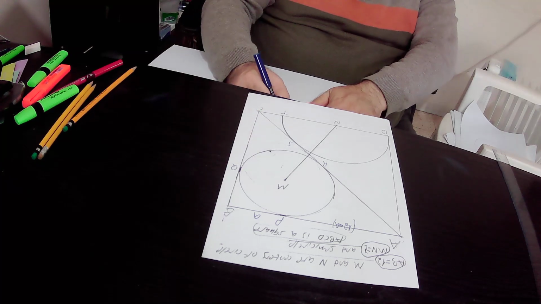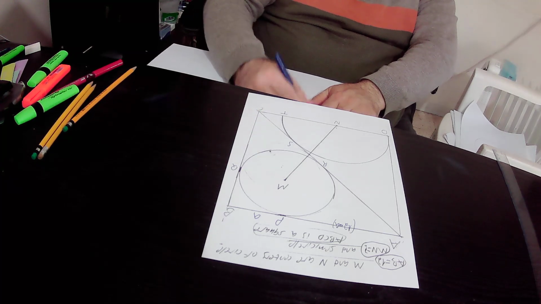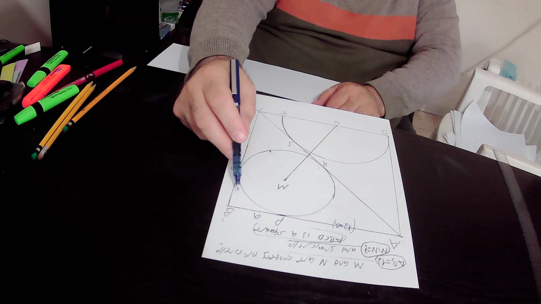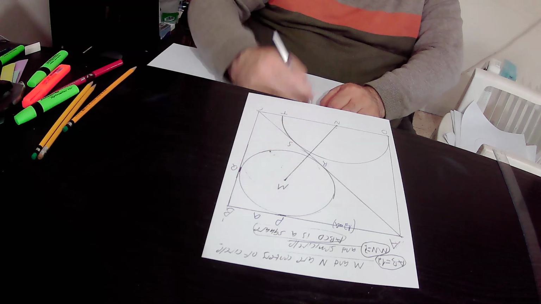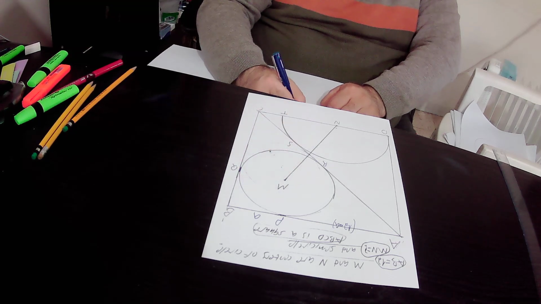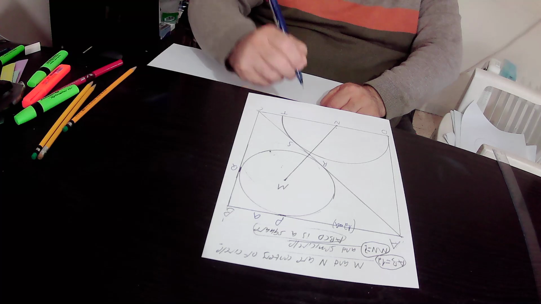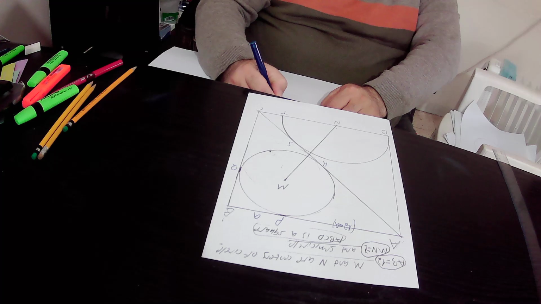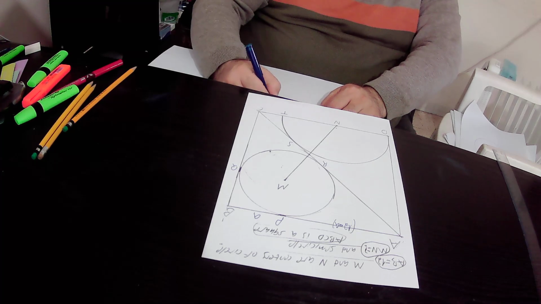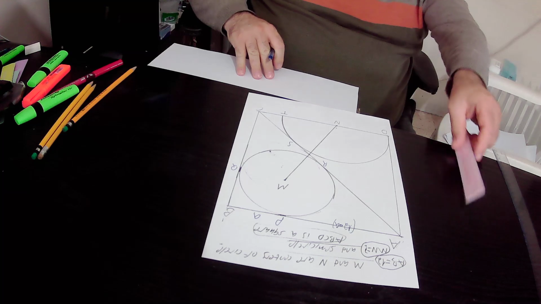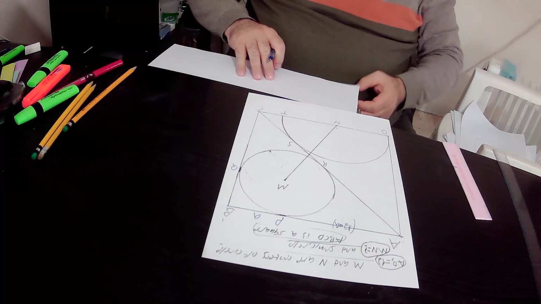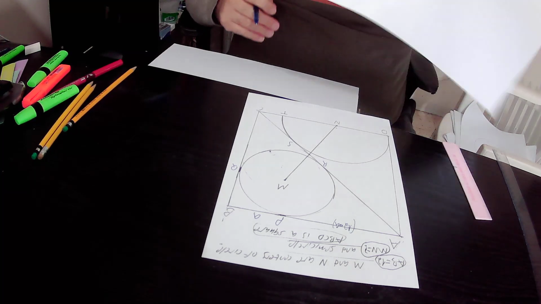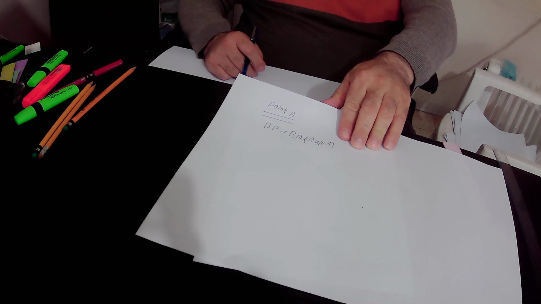And from the external point B, we have two tangents to this circle. The first tangent is BP, and the second tangent from point B is BQ. And according to rule number one, BP is equal to BQ.